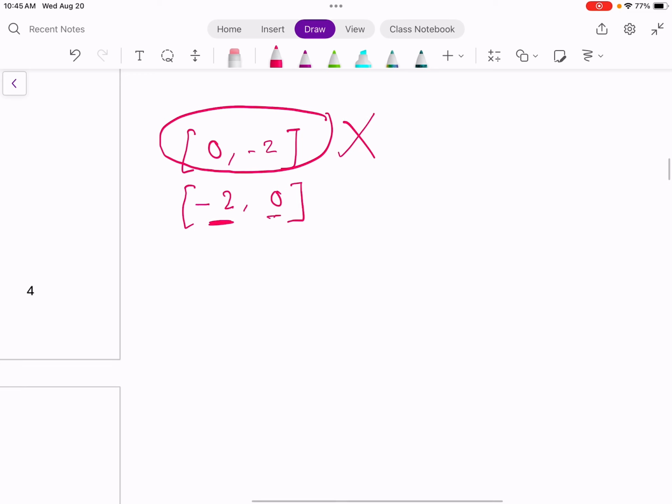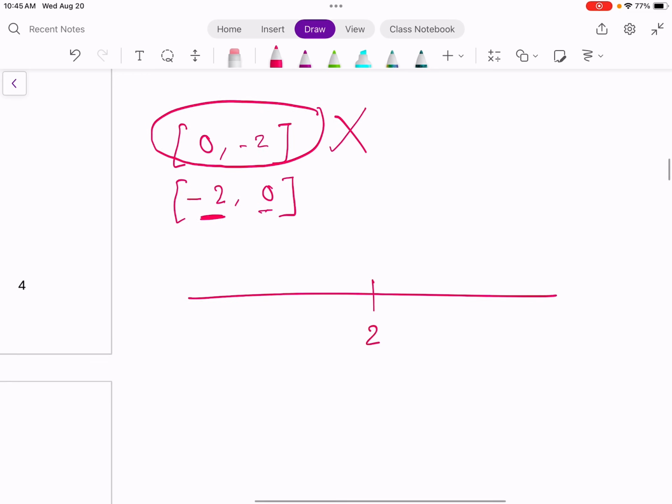Sometimes, for example, let me start with a graph. We have this is 2. Now on the left side of our number line, what number do you see? Sorry, it can't be +2, right? It has to be -2. So this is -3, -4.